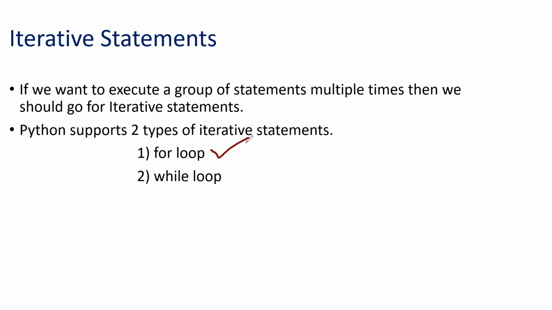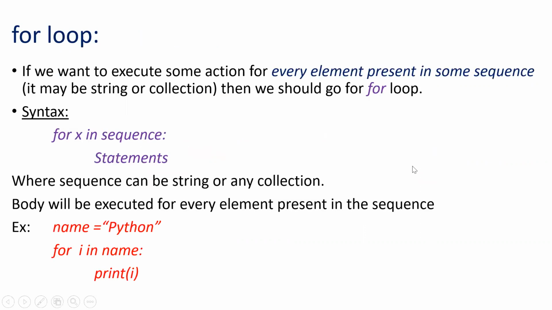Today we'll discuss the for loop. What do you mean by for loop? Now, for loop: if you want to execute some action for every element present in some sequence.